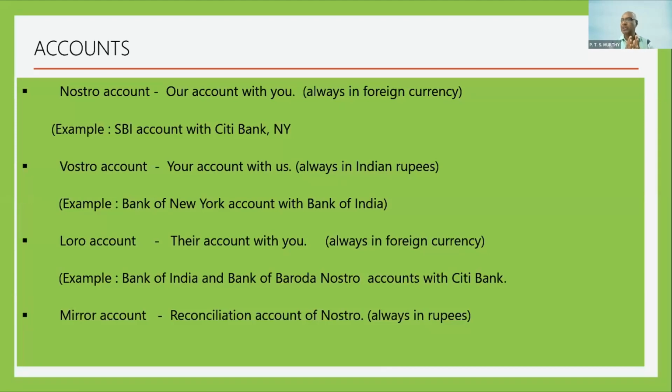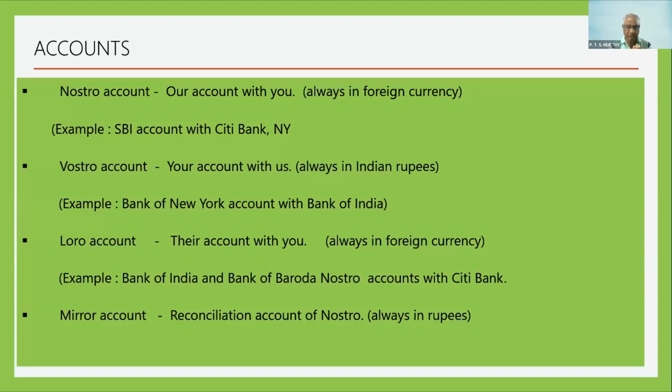Now, if our Union Bank of India has opened a current account with Citibank New York, which is always in foreign currency, US dollars, we call that account a nostro account. Nostro is a Greek word. We say our account with you.